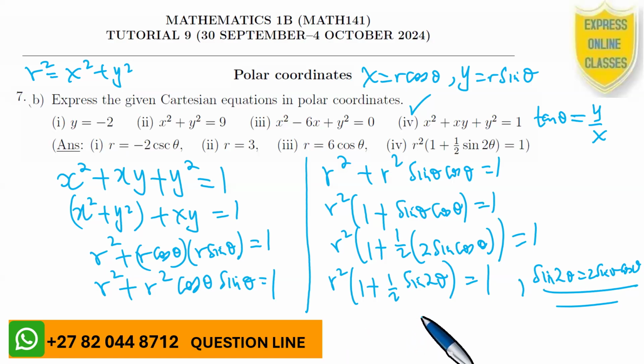We need to make sure we understand what to do.